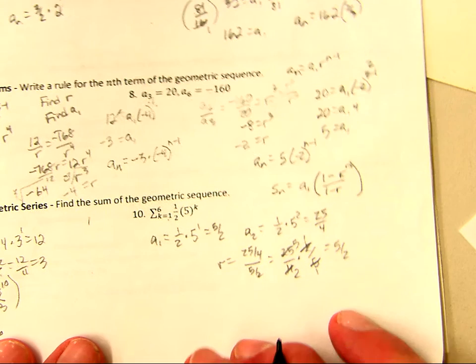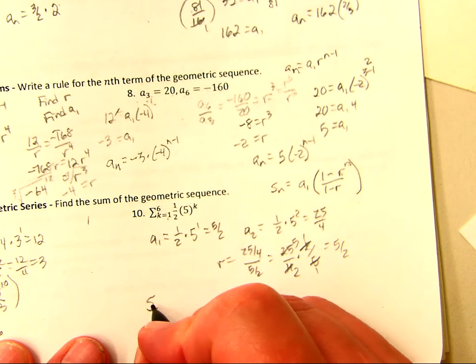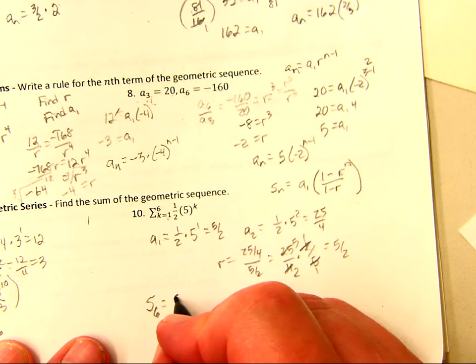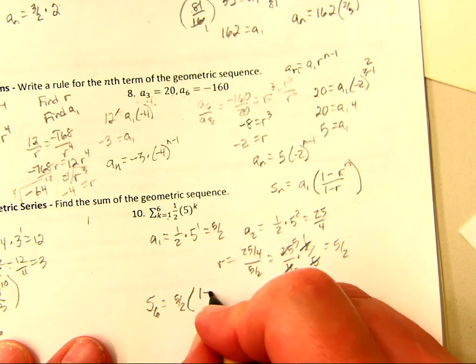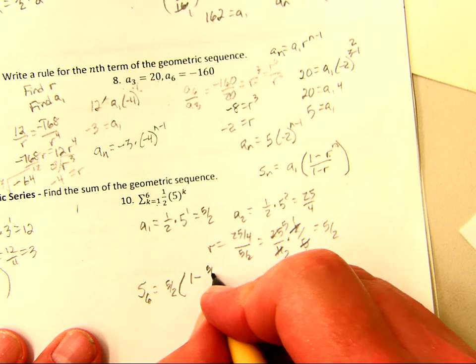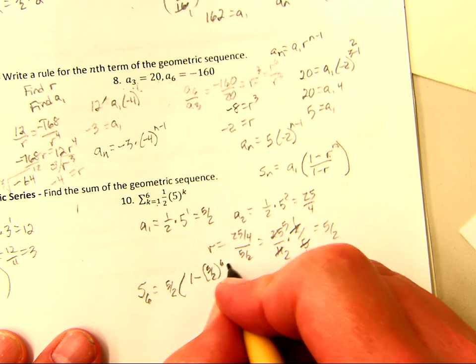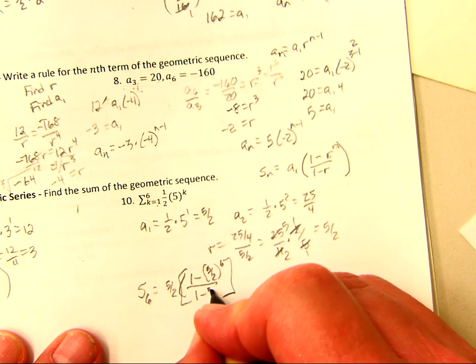So that's everything we need. Now we're going to take the sum. Here there's 6 of them. The sum of the first 6 is a1, which we know is 5/2, times 1 minus, r is 5/2, so 5/2 to the 6th, over 1 minus 5/2.